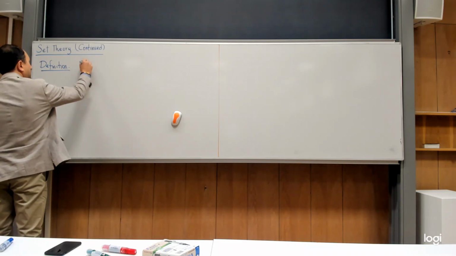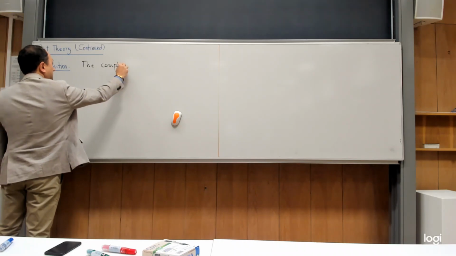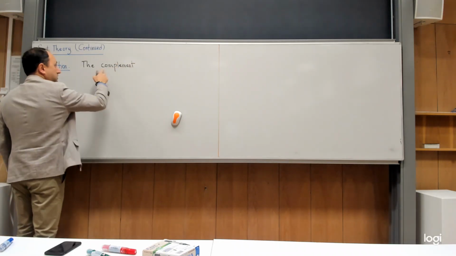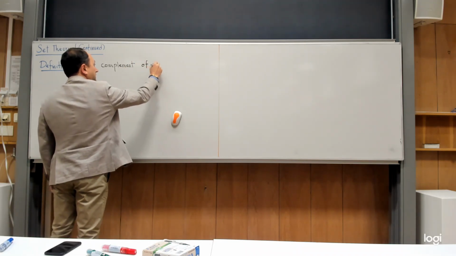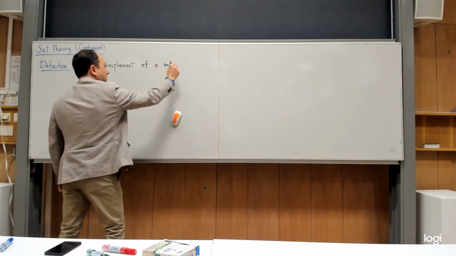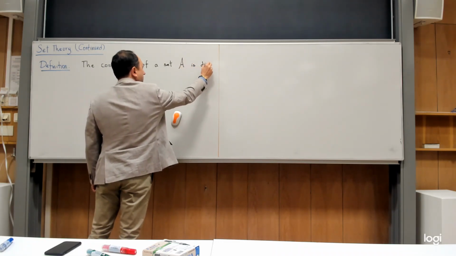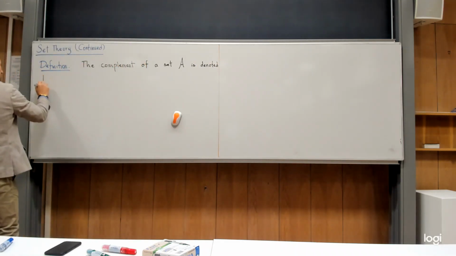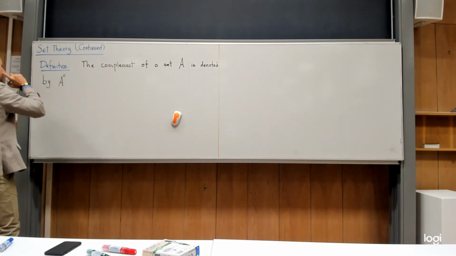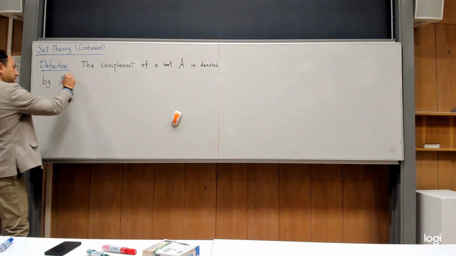The complement. So this is the word that we want to define. The complement of a set A is denoted by A, on top of that we put a C. Read it A complement.